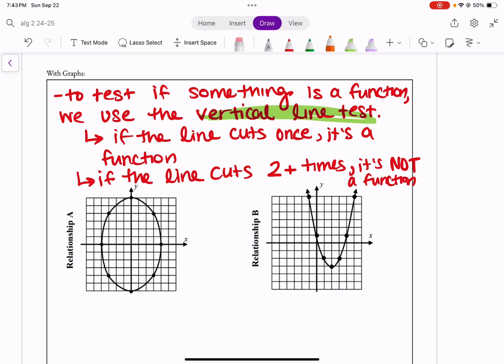So if I were to draw a vertical line, like in relationship A, let's say I draw a vertical line here, you can see that it crosses the graph in two places. If I draw it here, again, it crosses in two places, right? If it crosses more than once, this is not a function.